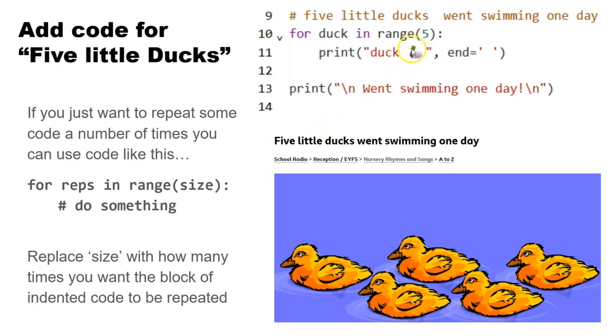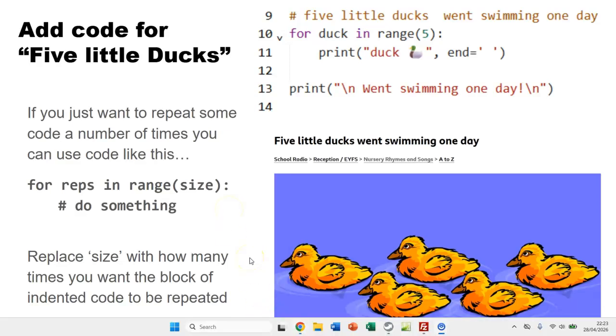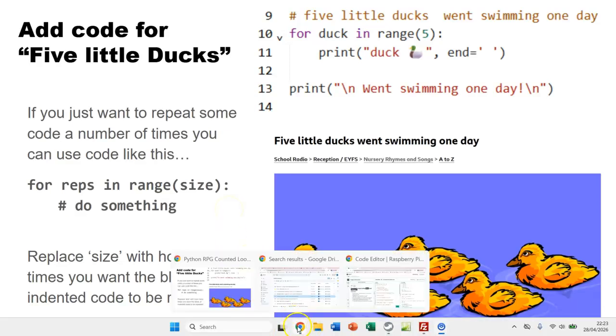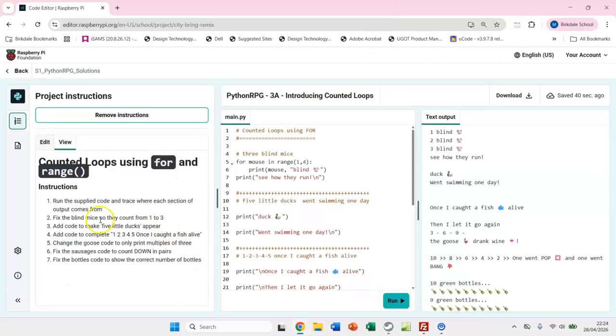What we are going to do is fix the code in here so that we print what we need. So add the code to make 5 little ducks appear.